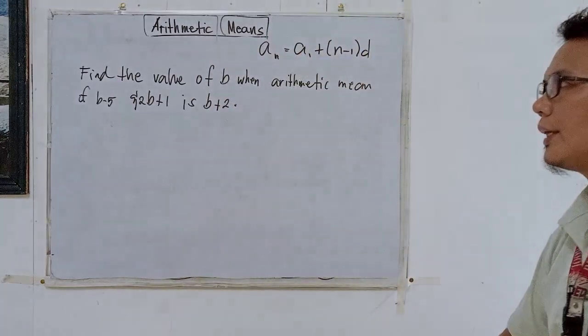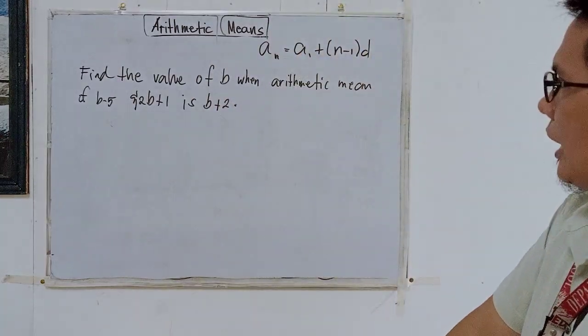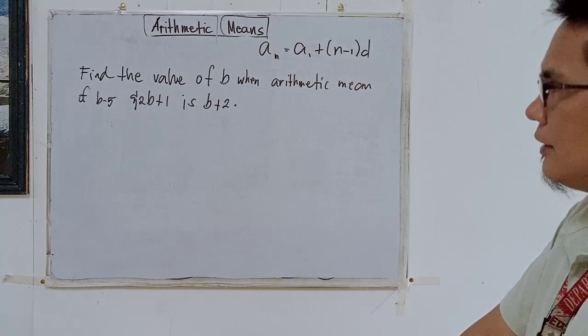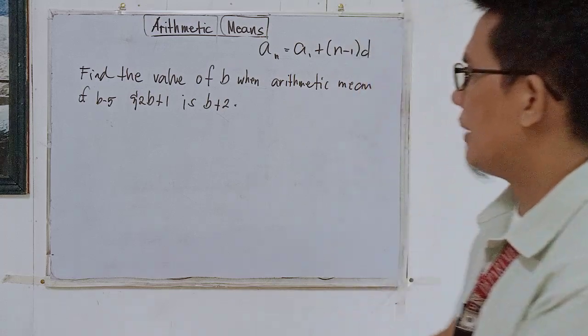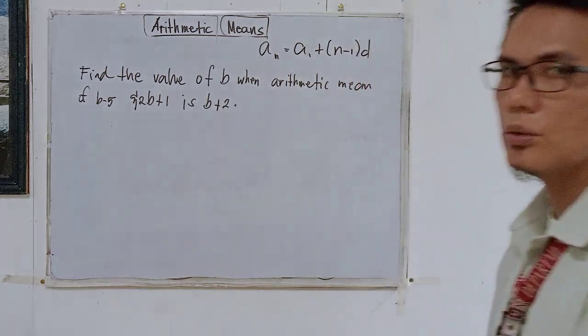Okay, example number 3. Find the value of b when arithmetic mean of b minus 5 and 2b plus 1 is b plus 2.